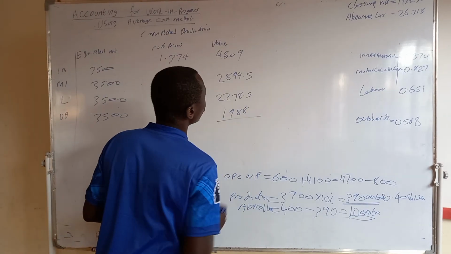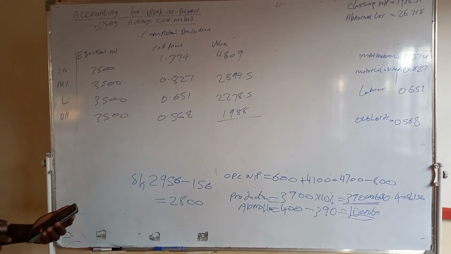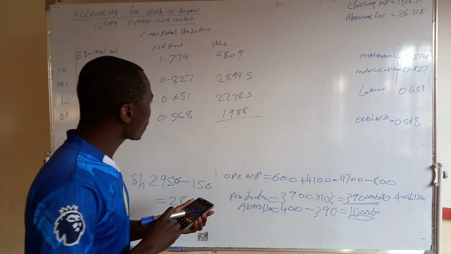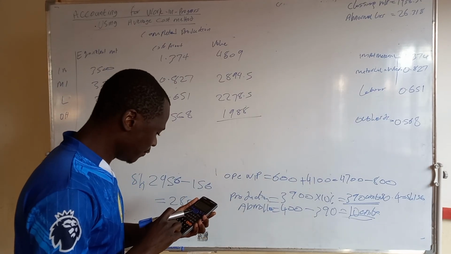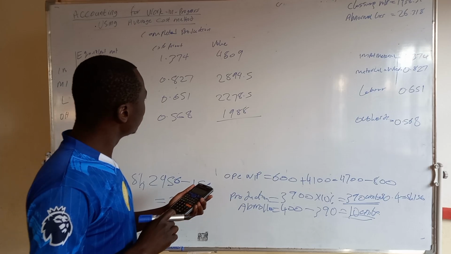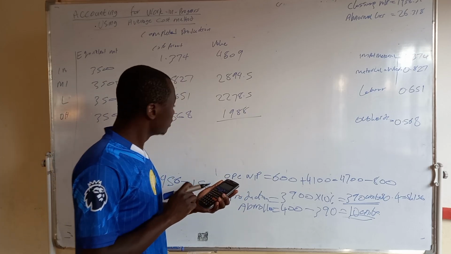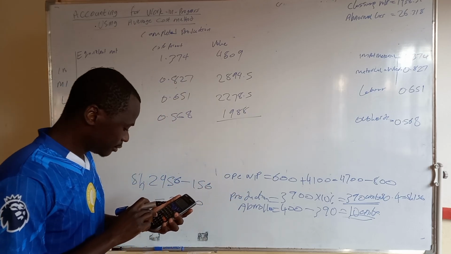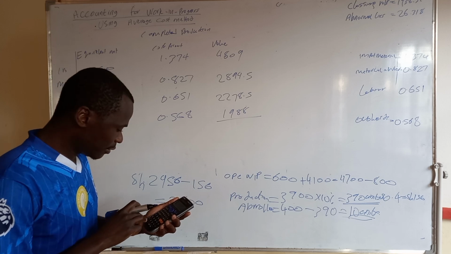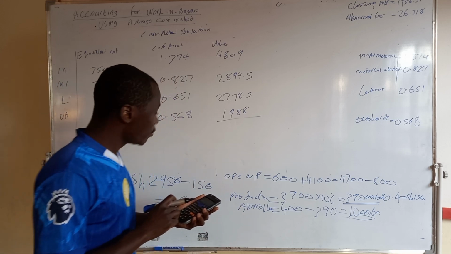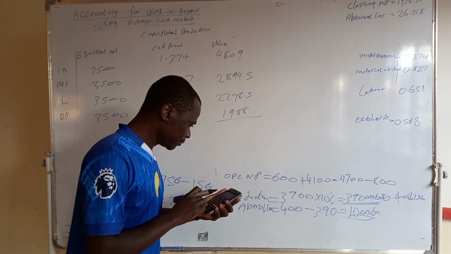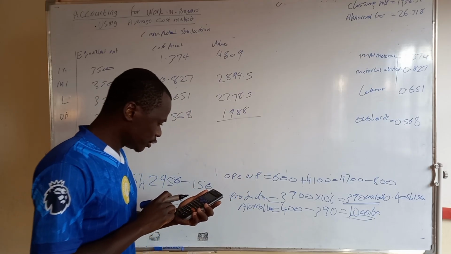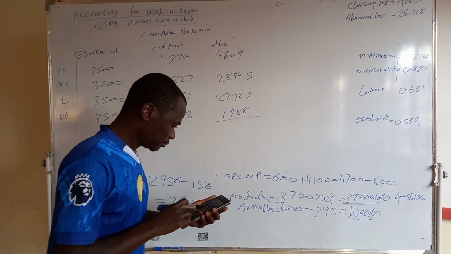Now the total: 1988 plus 2278.5 plus 2894.5 plus 4809.